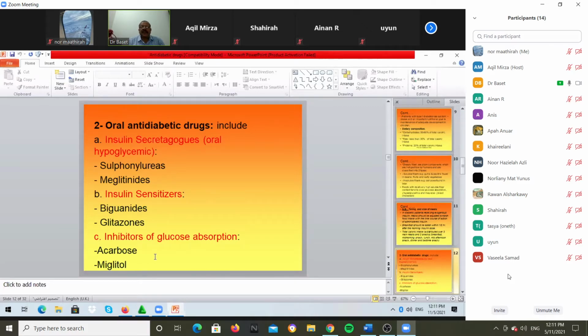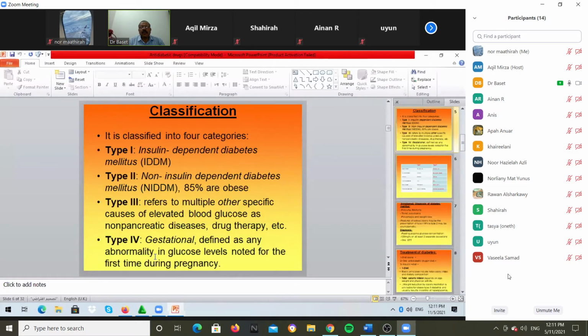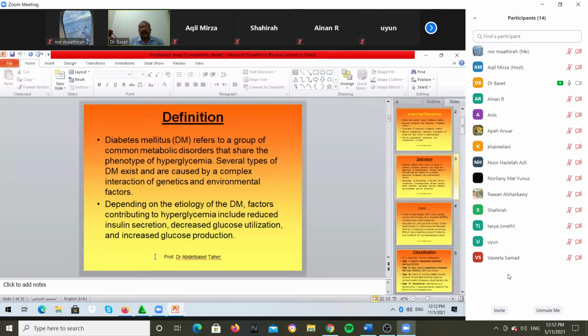Before starting this, we wanted to have an idea about diabetes. Diabetes can be considered as a simple disease, or a group of common metabolic disorders.